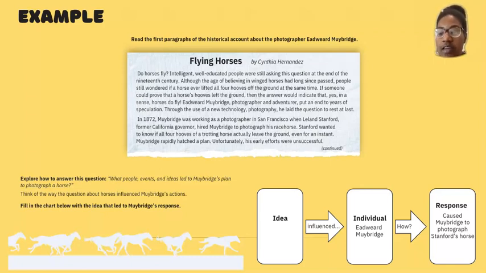So, the individual that we discussed, Edward Muybridge, was influenced by an idea that caused him to photograph former Governor Stanford's horses. What was that idea? What was the question or the opinion or the formulated concept that they wanted to answer?